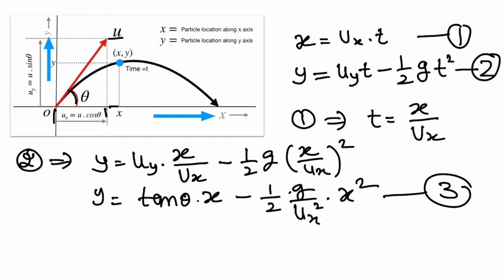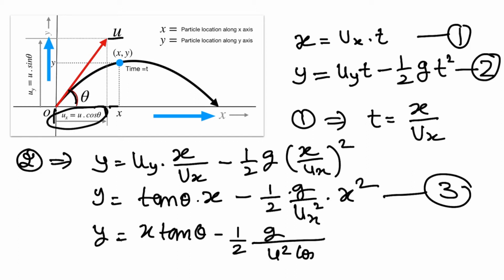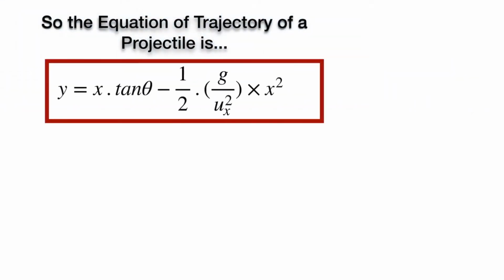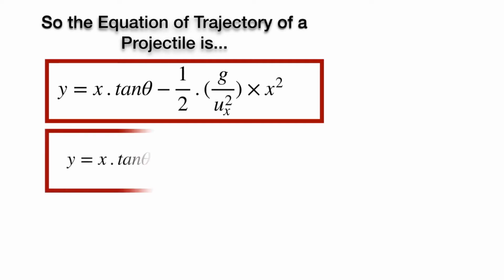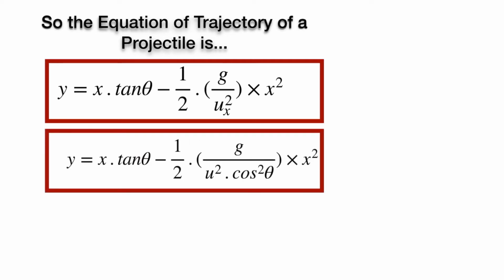Another form of this equation can be written by putting the value of ux, which gives u square cos square theta times x square. So the equation of trajectory of a projectile is y equal to x tan theta minus half g by ux square multiplied by x square, or this is another form of the same trajectory in terms of initial velocity and angle theta.